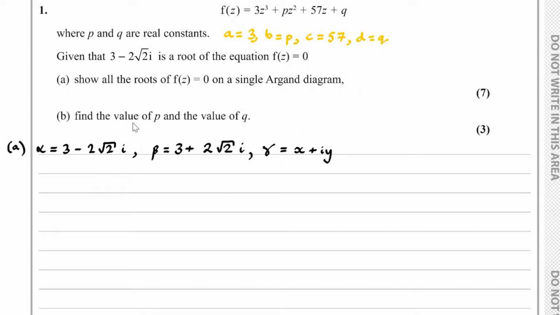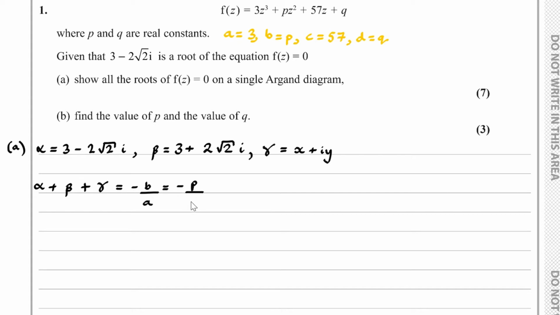So for the sum of the roots, alpha plus beta plus gamma, that's equal to minus b over a. So we have over here minus p over 3.